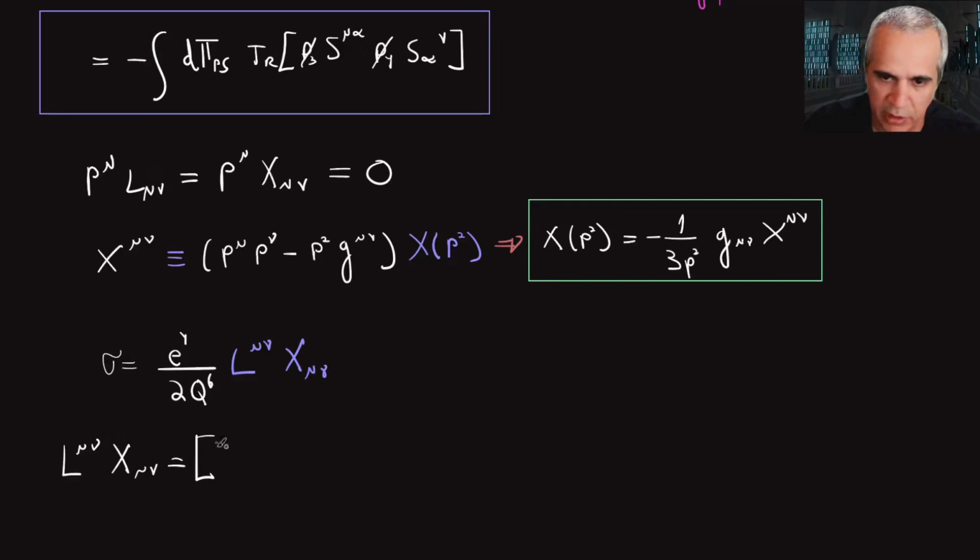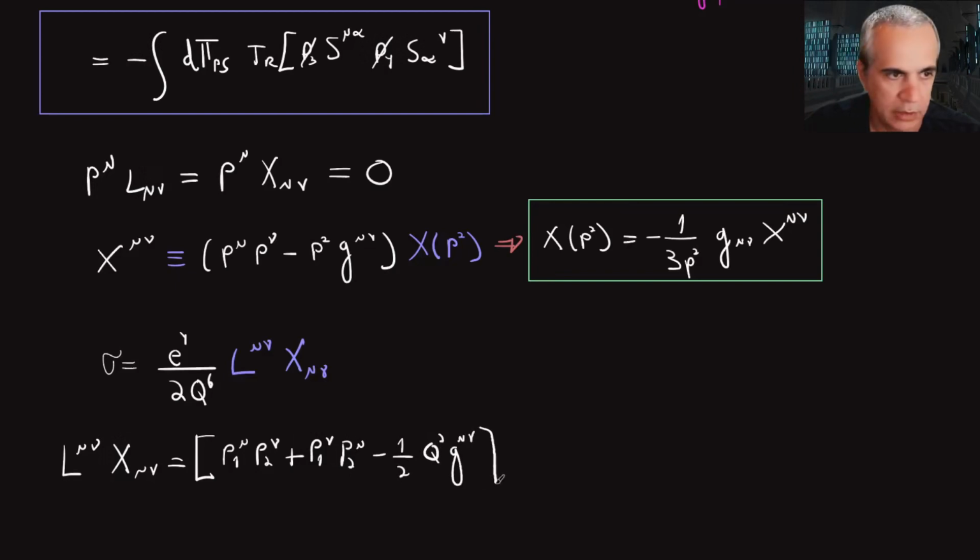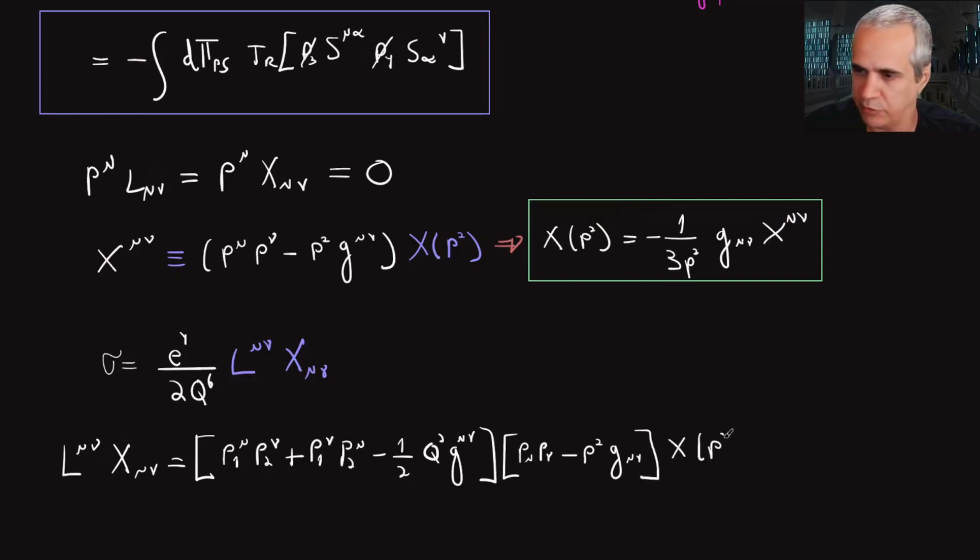L^{μν} I know is P1^μ P2^ν plus P1^ν P2^μ minus half of Q² g^{μν}. This now multiplies X_{μν}, which I can write like that. So it's P^μ P^ν minus P² g^{μν} times X(P²).